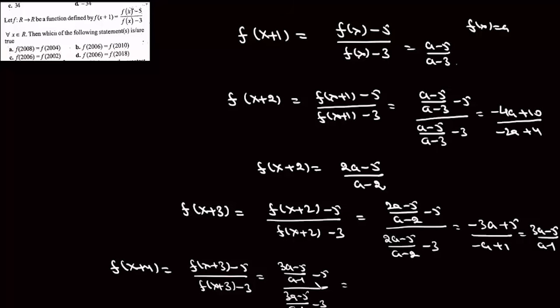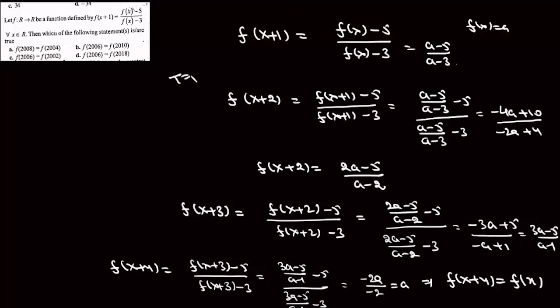Now this is 3a - 5a, 5 and 5 will cancel, so it'll be -2a. Here 3a will cancel, it'll be -2. This is a. So from here we can write f(x+4) will be equal to f(x).